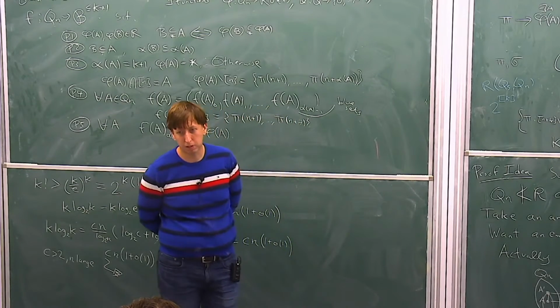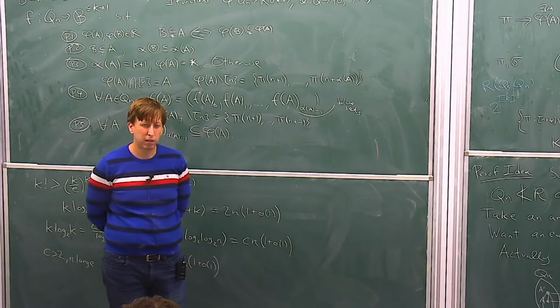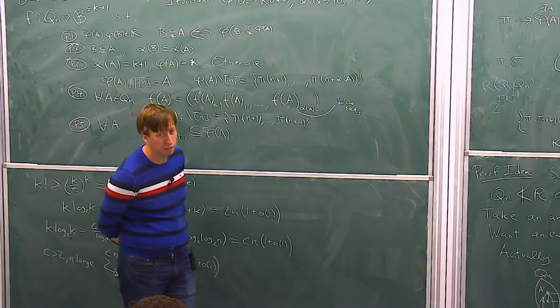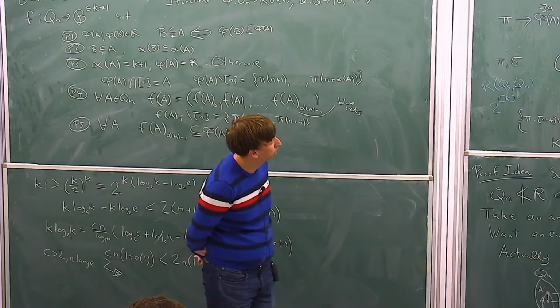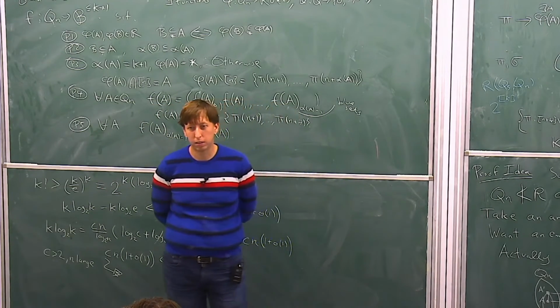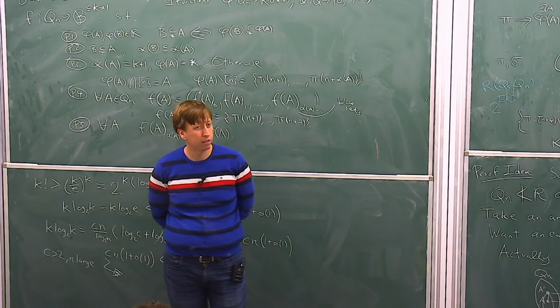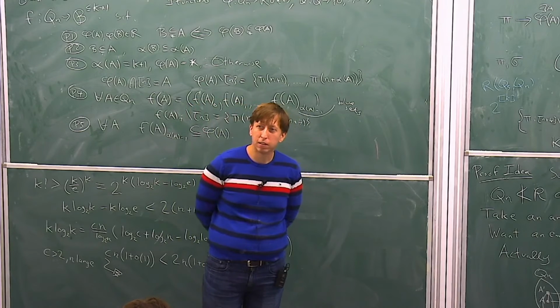How many comparable pairs are there in the Boolean lattice? It's not 2 to the 2, it's like 3 to the n. I think 3 to the n.